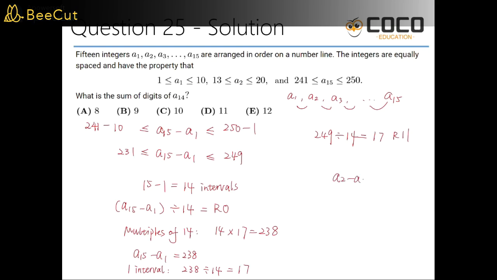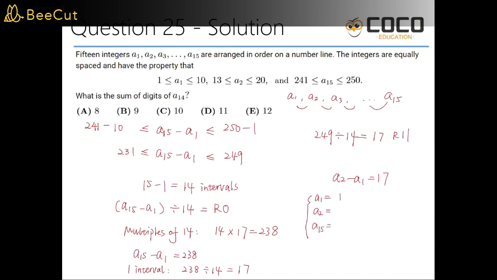So A2 minus A1 equals 17. And there's only a few values here. Right? This can be 1, then there's 18, or it can be 2, 19, 3, and 20. So we check the possible values.